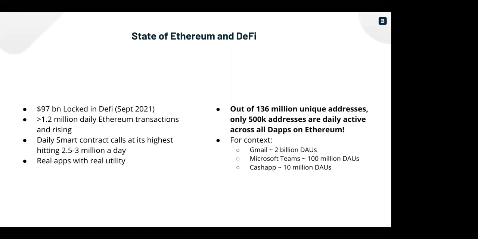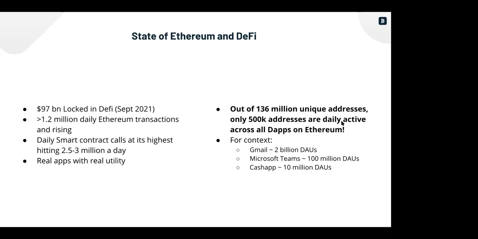If you see how early we are in the blockchain space, you see Gmail, or even this Microsoft platform, they have billions of daily active users. But on blockchains, so far around 136 million addresses, or you can say accounts or users, are identified.